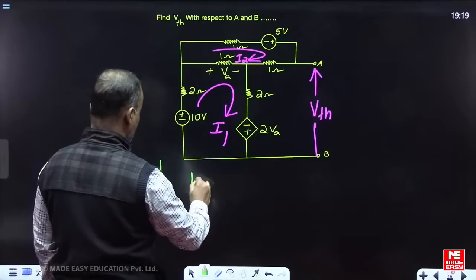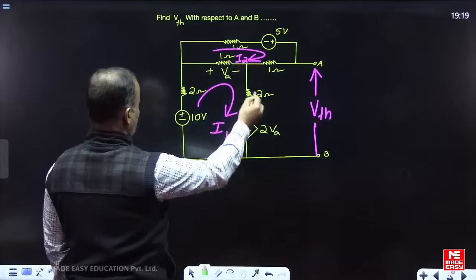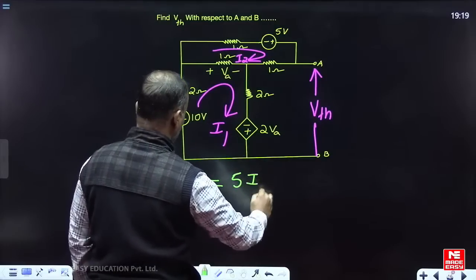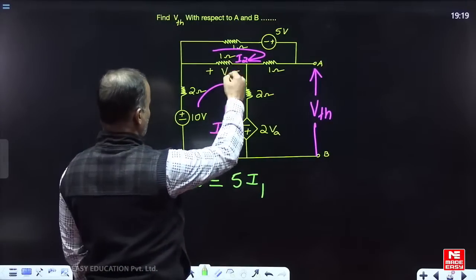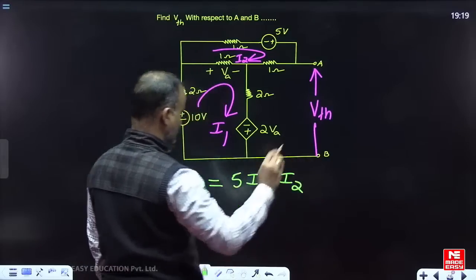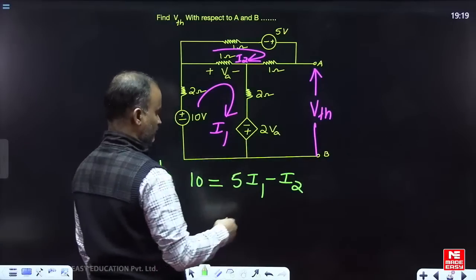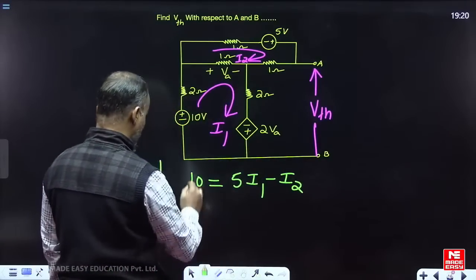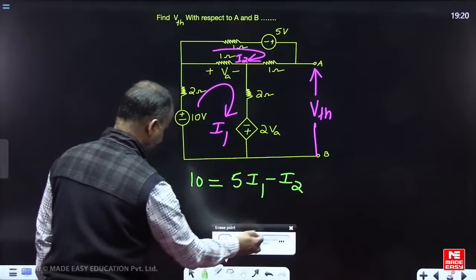The voltage for this mesh is 10. I1 circulates in the 2, 1 and 2, the total resistance is 5 I1. In the 1 ohm resistance, I1 and I2 are in opposite directions. Opposite means we write minus 2. Lower potential to higher potential, higher potential, voltage rise. Can you write this voltage on the right side?